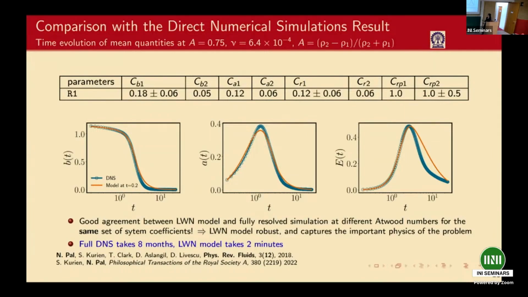So the transition times were captured, but there is some problem with the diffusion, because the DNS really had three-dimensional diffusion and different numerical errors since it's a 3D code, but our model is just a 1D code. So the diffusion side is not captured very well for the energy.